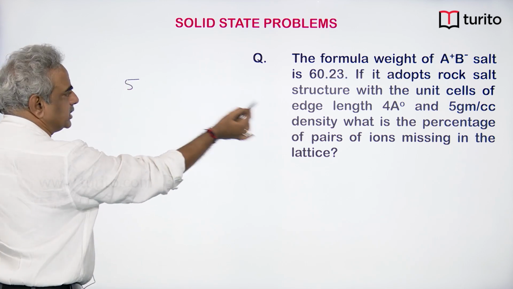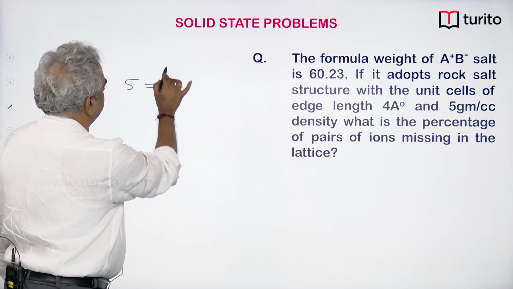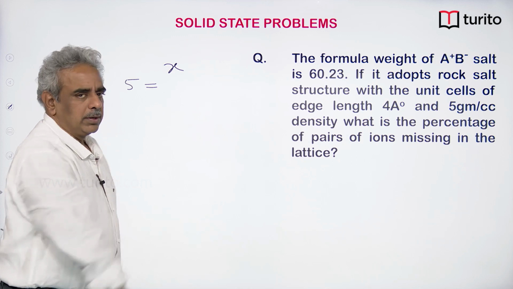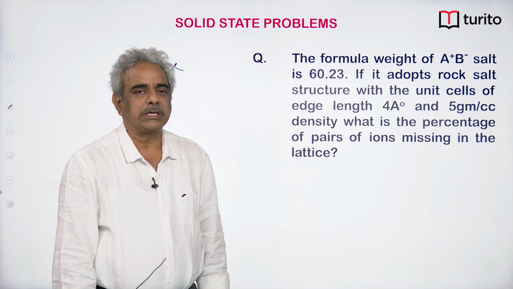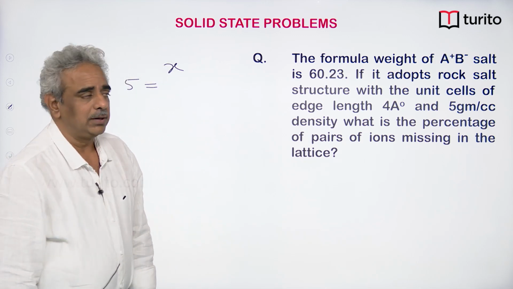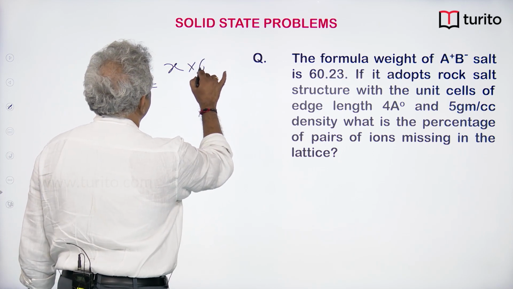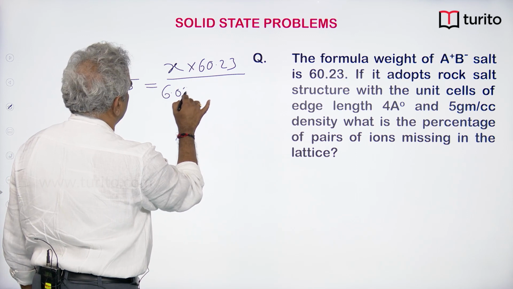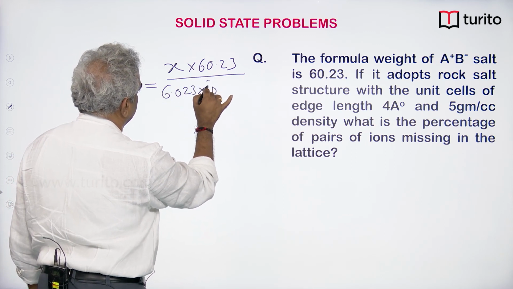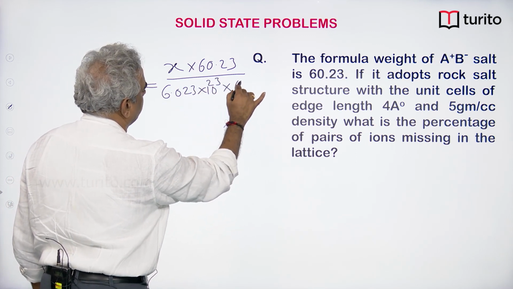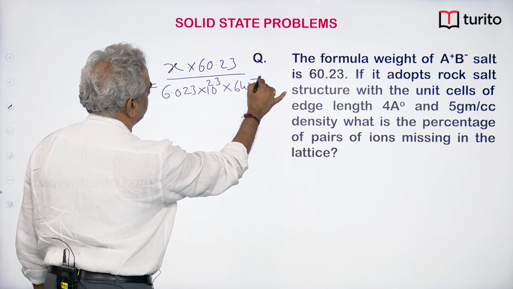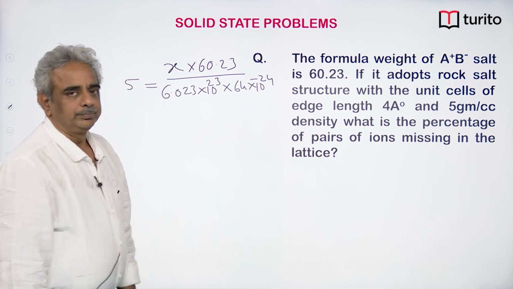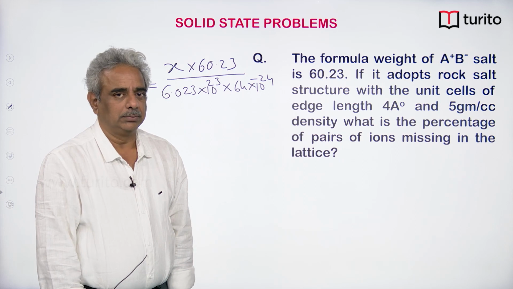So, 5 grams density is given. So, some effective number of formula units x are there in the defective unit cell, and 60.23 by 6.023 into 10 power 23 into 64 into 10 power minus 24, 4 angstroms cube.